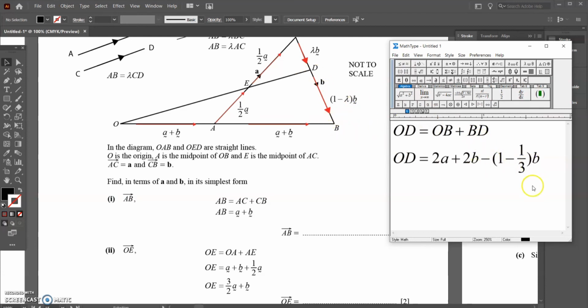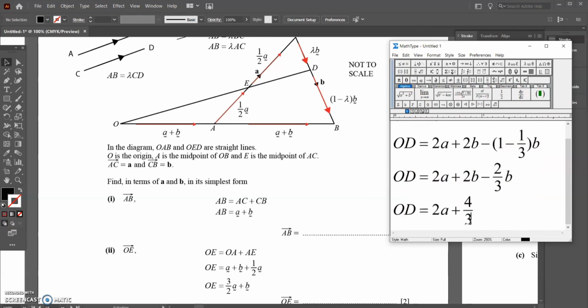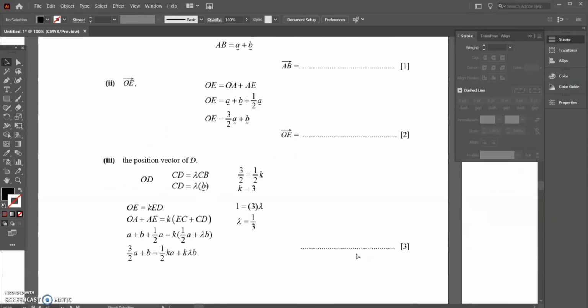So OD is equivalent to 2A plus 2B minus 2 over 3 B. That's why your OD is equal to 2A plus, 2 minus 2 over 3 gives you 4 over 3, so plus 4 over 3 B. That's the answer for the position vector OD.